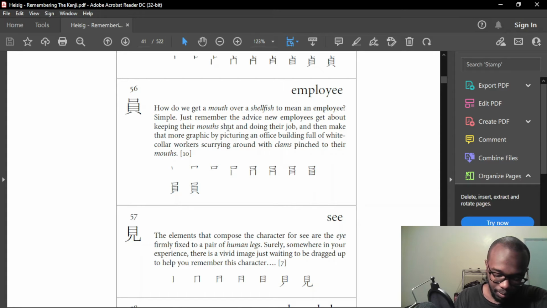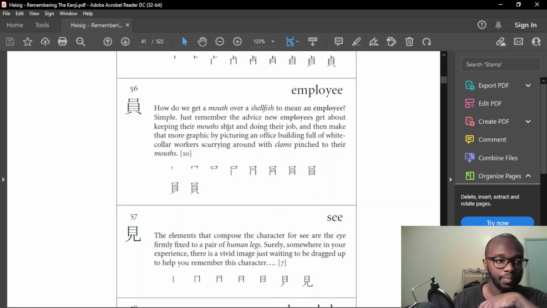Then a shellfish clamped to my mouth. So using a shellfish clamped to my mouth as a microphone, sort of.